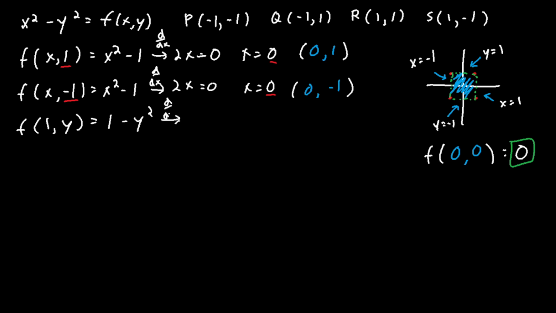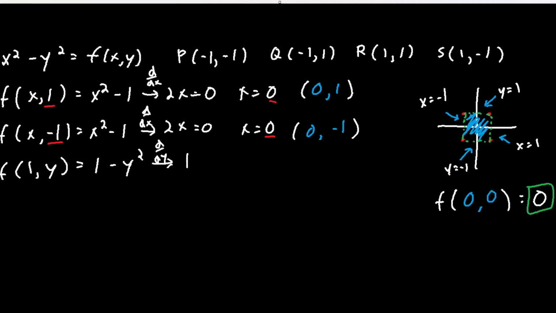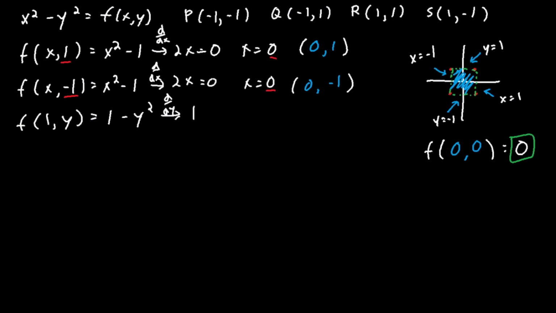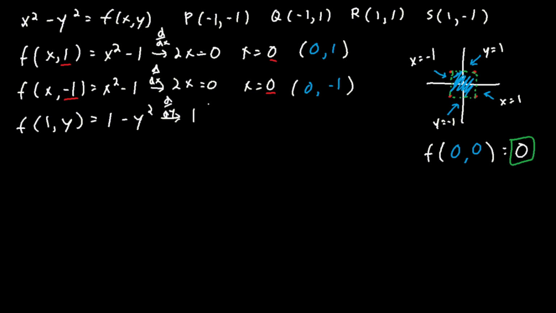Derive this, we get negative 2y equals 0, and y is just equal to 0. So the values that we got are x value is 1, and y value is 0.